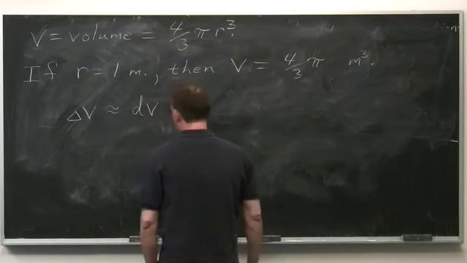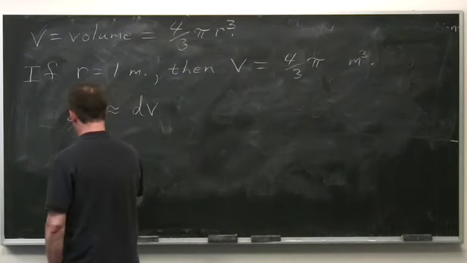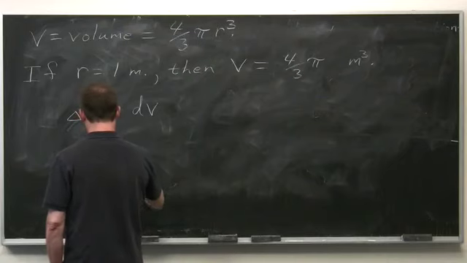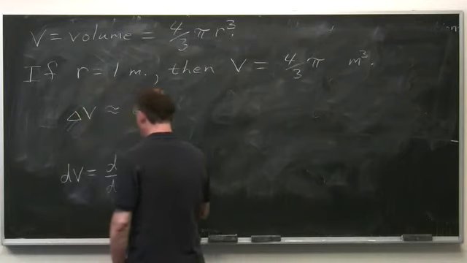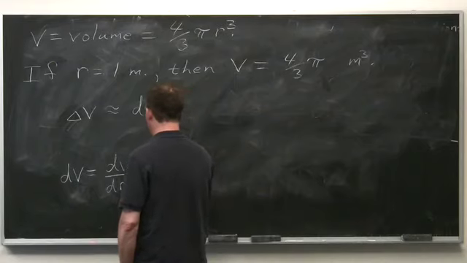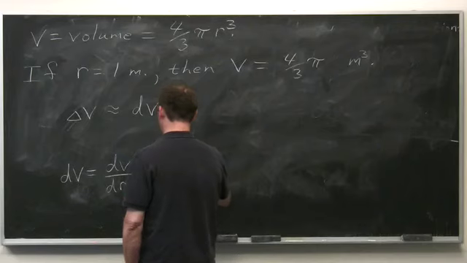But what's dV? Well, differential approximation. dV, in differential notation, is dV/dr times dr. Yes, it looks like the dr's are canceling.